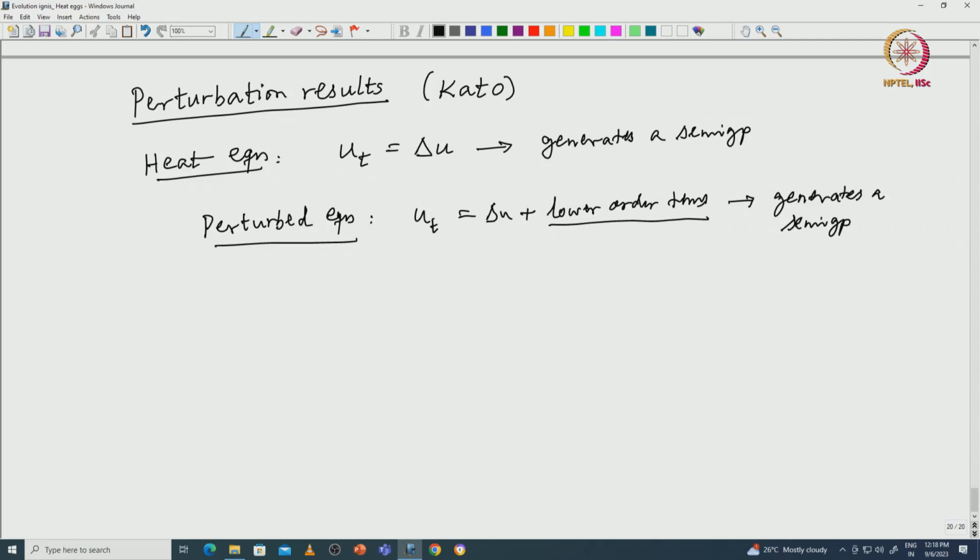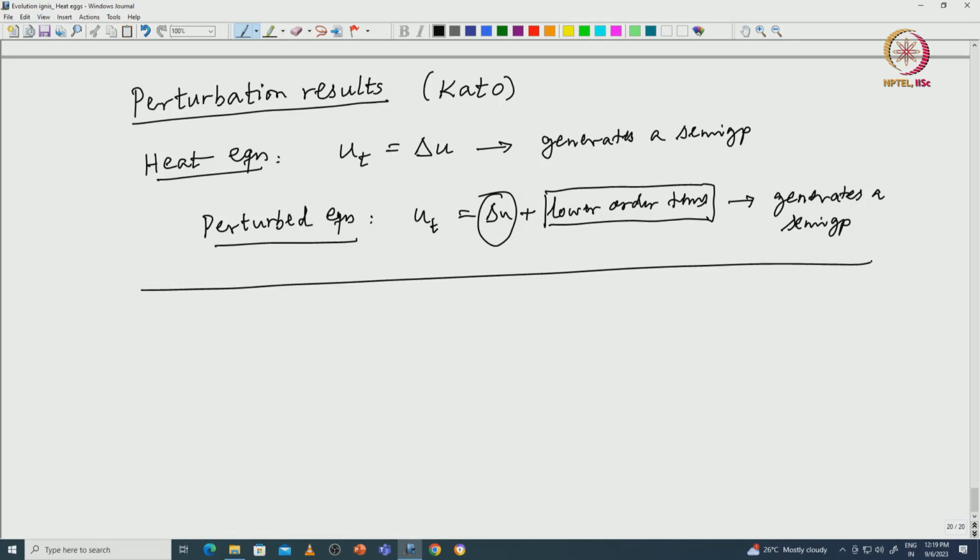Okay. So, this gives an idea how these lower order perturbations should be with the main one. This is our main operator, and we are perturbing by lower order terms. So, how can we expect that again to generate a semi group? Okay. So, this is the idea behind the discussion of these perturbation results.